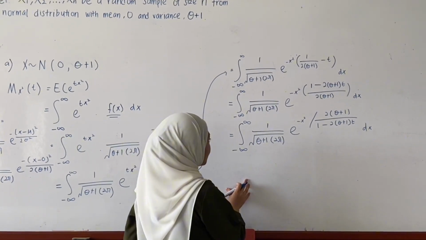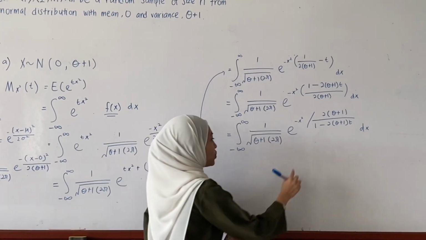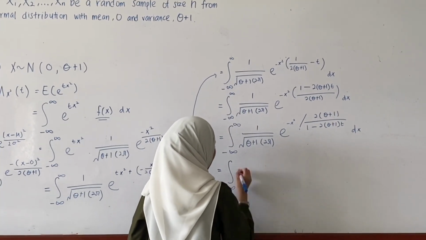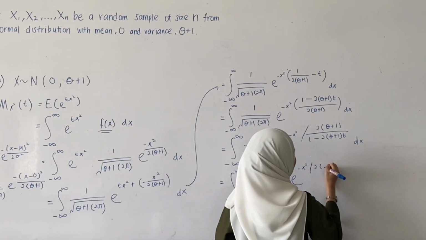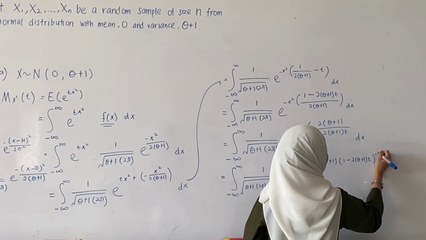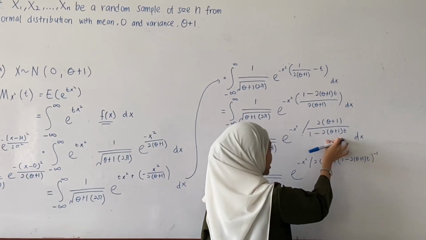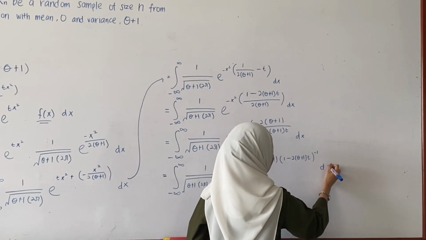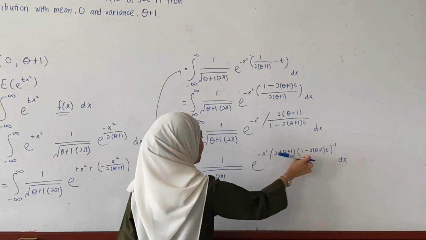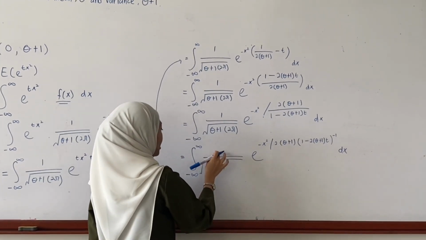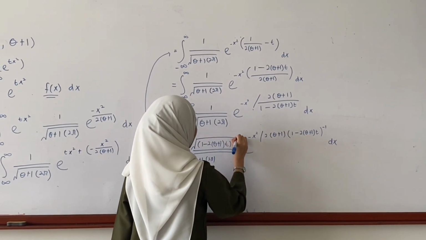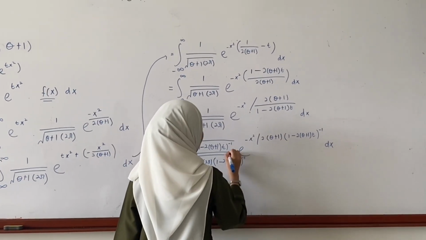Alright. For the next step, we need to bring this whole thing from down here up here. Theta plus 1 t to the power of negative 1, because we bring it from down here to up here. And since we bring this up here, we need to put the negative 1 here, and the same goes down here.